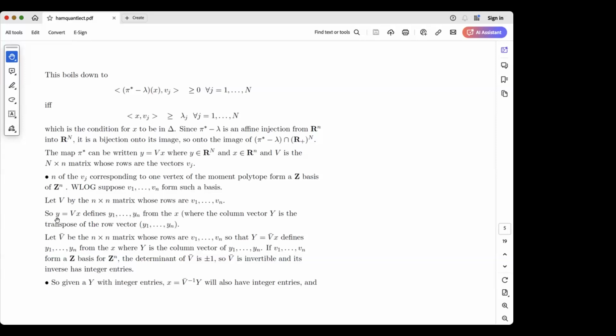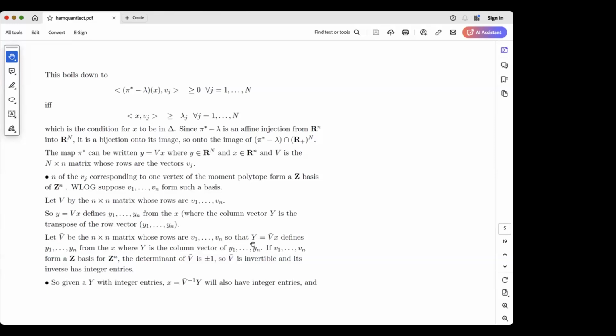So y equals Vx defines y1 up to yn, where the column vector big Y is the transpose of the row vector y1 up to yn. Let's let bar v be the little n by little n matrix whose rows are v1 up to vn.